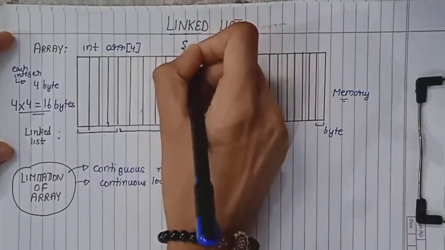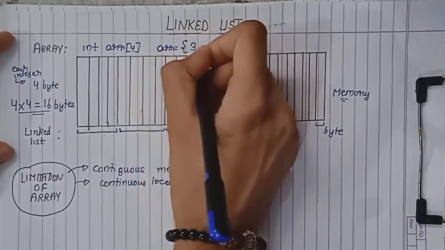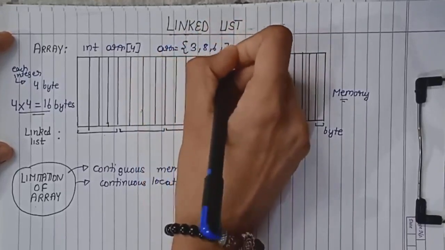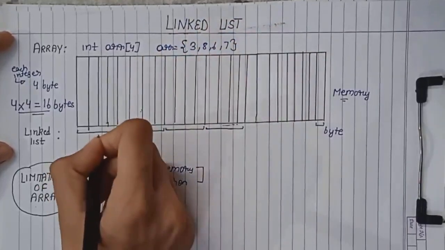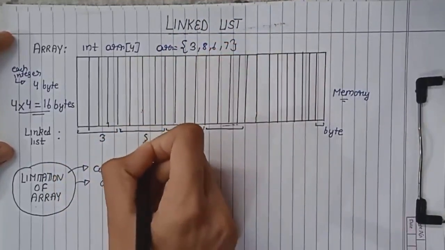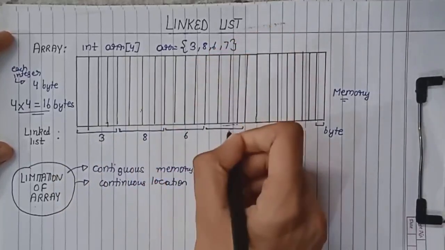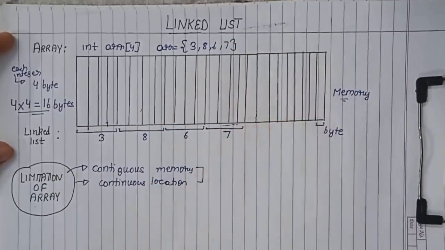Let's say the array that I have here is 3 8 6 7. So in the first block we have 3, in the second block I will have 8, in the third block I will have 6, and in the fourth block I will have 7.